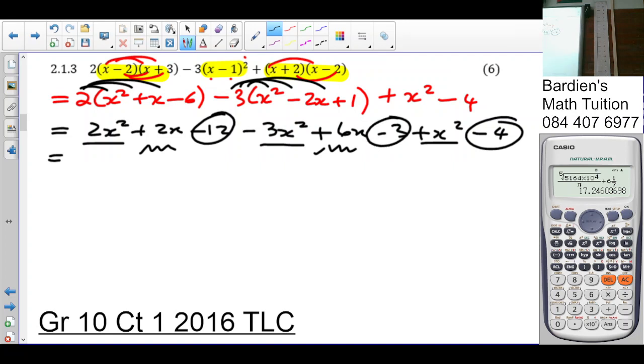So 2x squared minus x squared is negative x squared, plus x squared cancel. 2x plus 6x is 8x. I didn't need the positive there. Minus 12 minus 3 is minus 15. Minus 4 is minus 19. So it's 8x minus 19. Right.